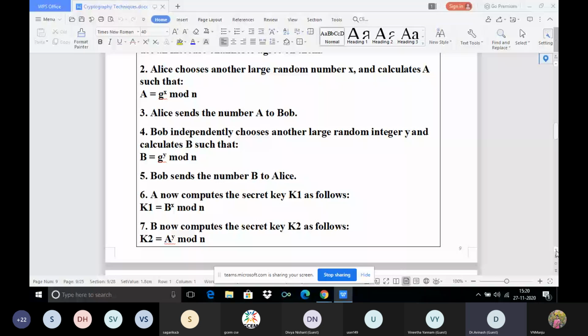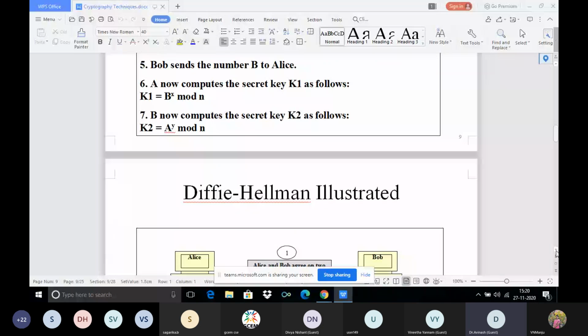The second key is K2, which is generated by Bob. So Bob computes the secret key K2, where K2 is A to the power y mod n. So these two keys are generated, K1 and K2. K1 is computed by Alice, and K2 is generated by Bob, that is the receiver.